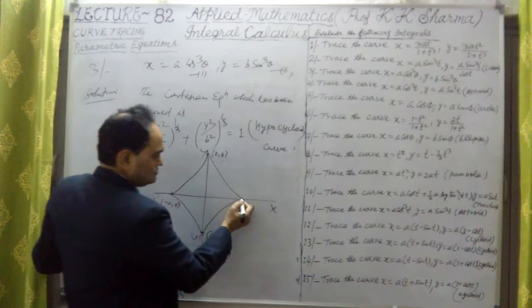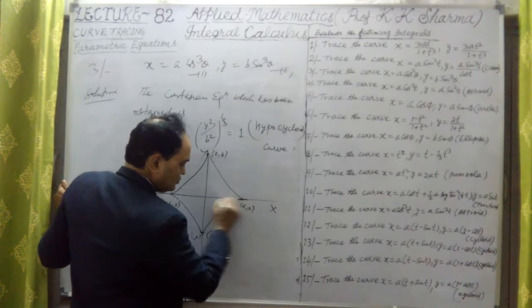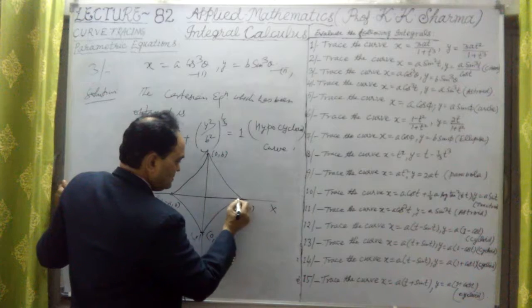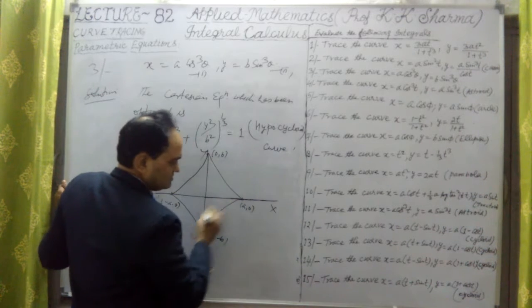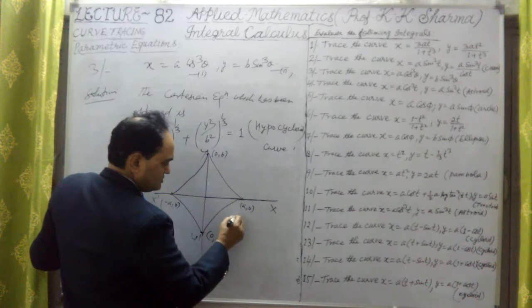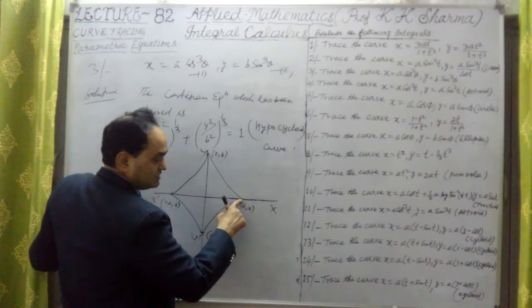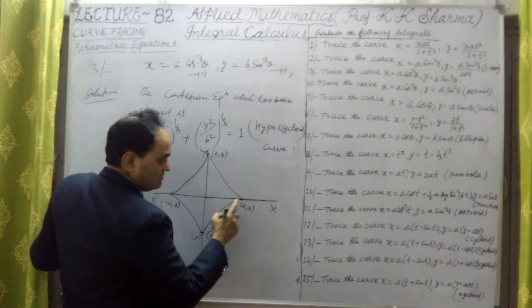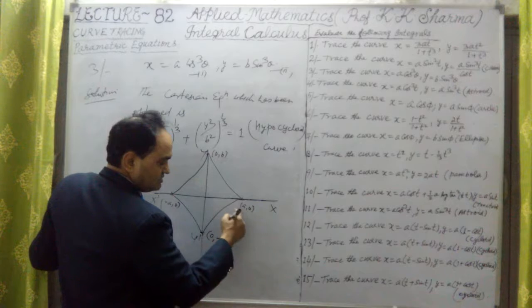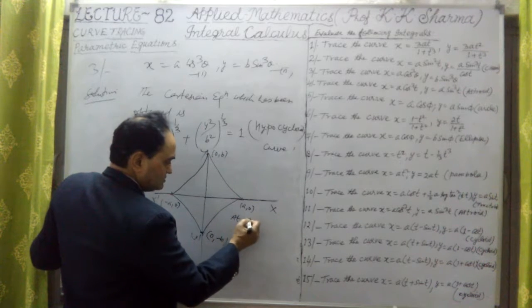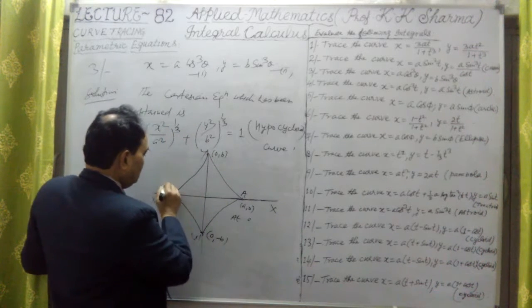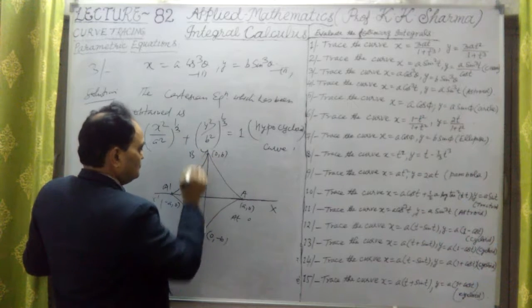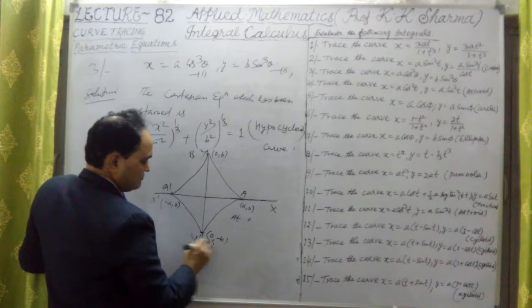Okay, so at this point, the tangent is along the x-axis. At this point, tan 0 is 0. I mean, the tangent of that angle, dy by dx, is 0. At a, let me take a dash. This is b point. This is b dash point here.